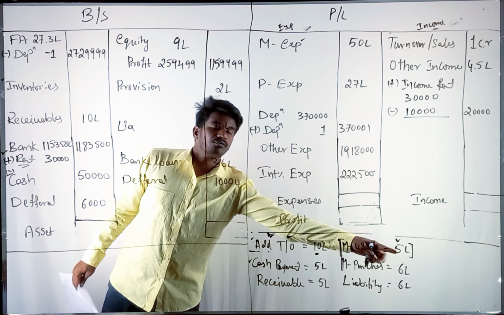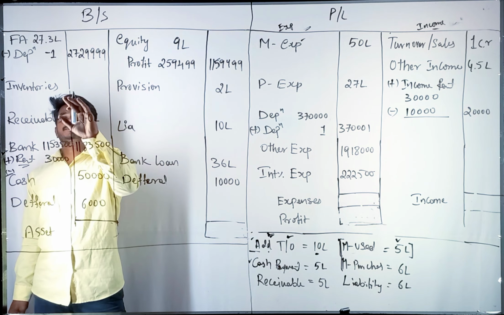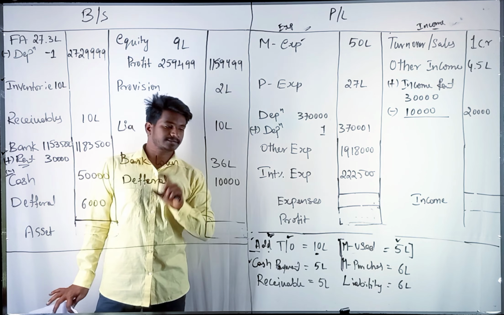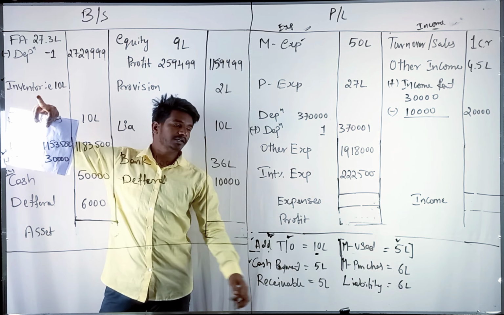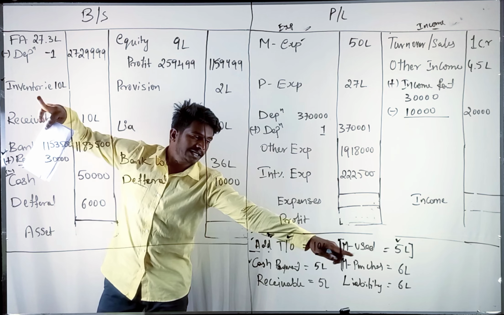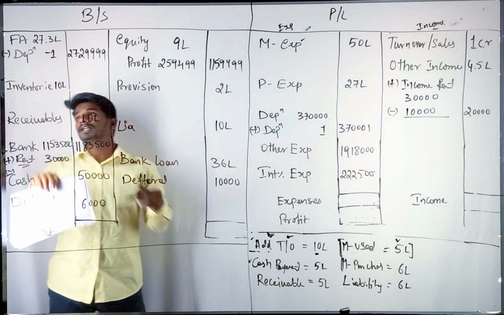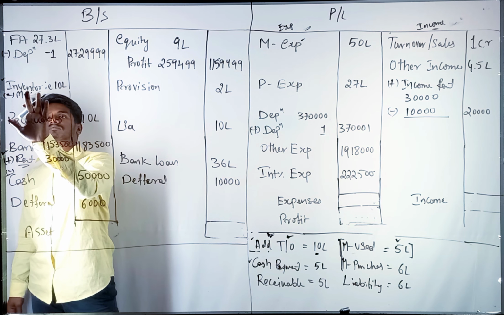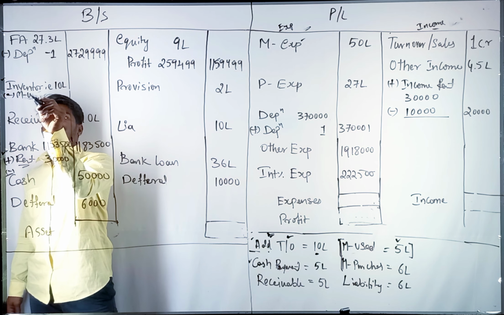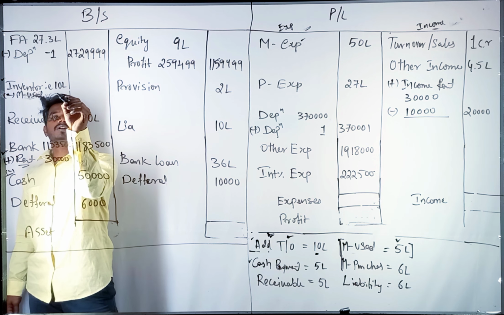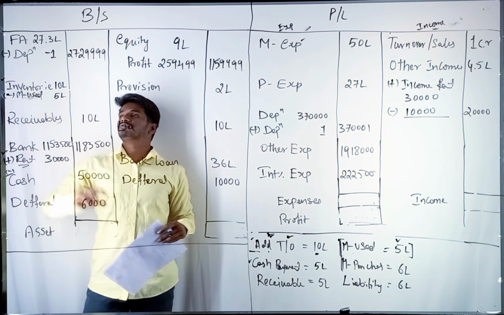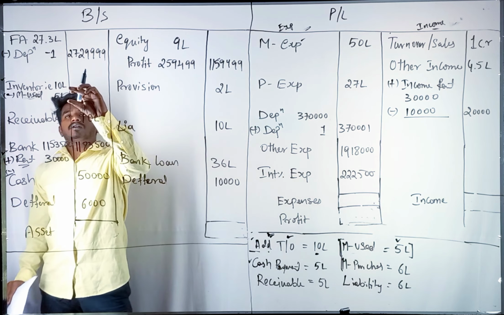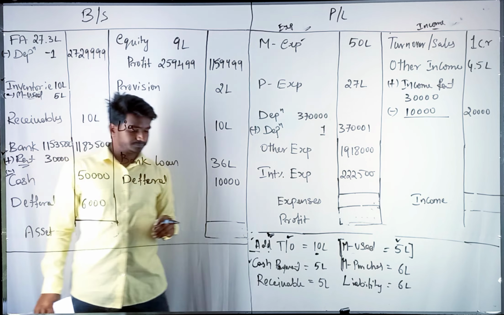Material used for 5 lakh. If our inventory is rupees 10 lakh, out of that inventory we have used material used for 5 lakh. Material we have used for 5 lakh. If we use 5 lakh rupees out of 10 lakh, remaining will be the 5 lakh.